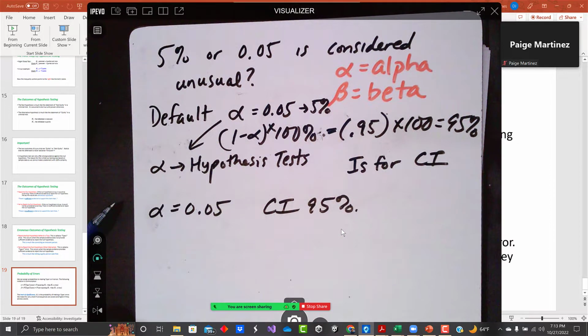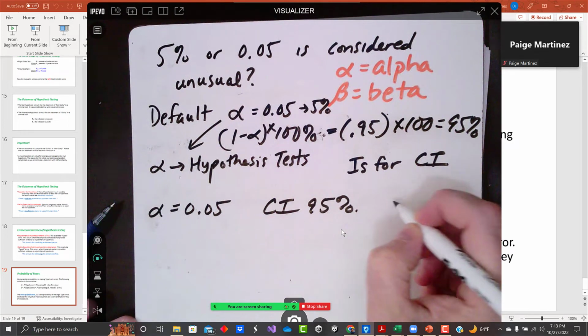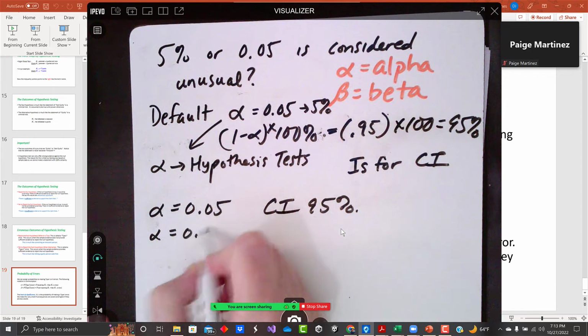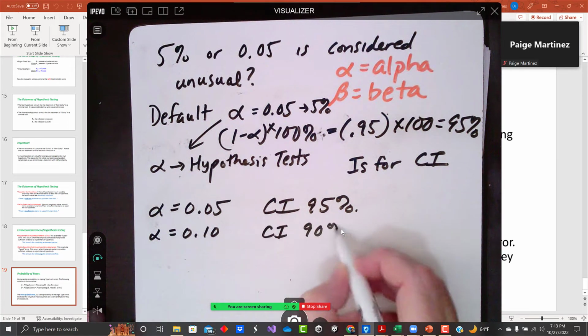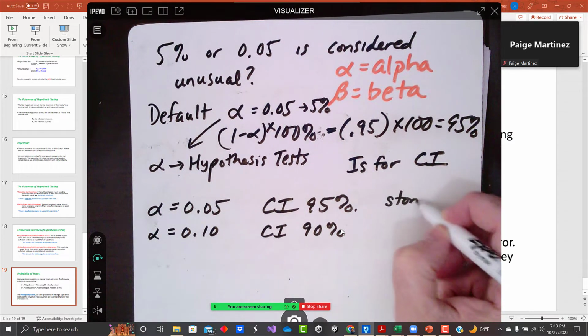This is kind of like the regular one. This is the default, I said. We could be less strict, have it higher, where the confidence interval is only 90%. So this is like strong evidence.